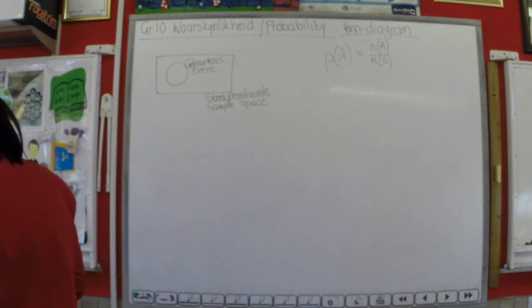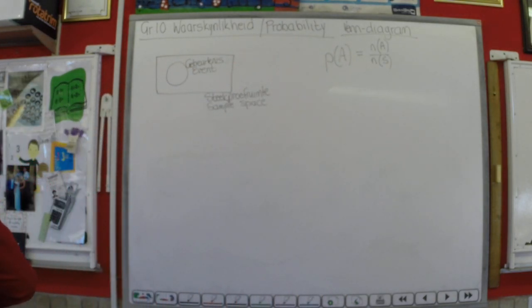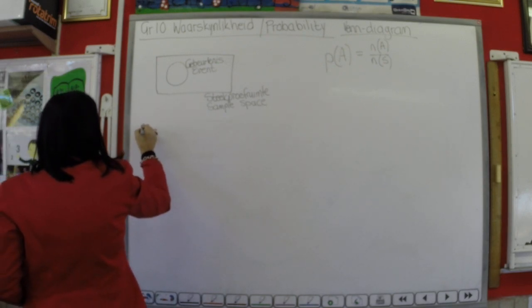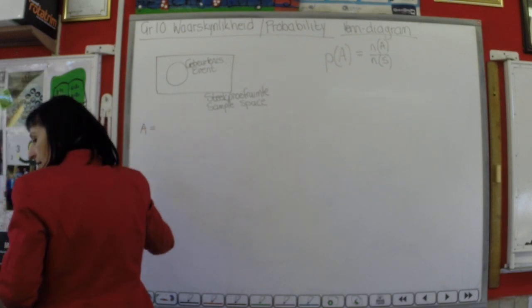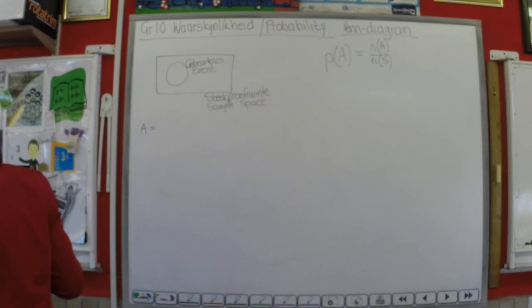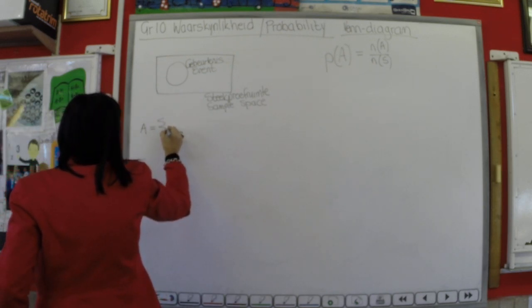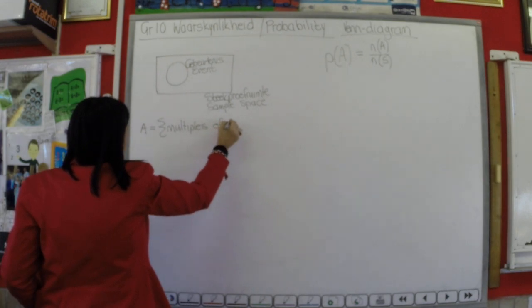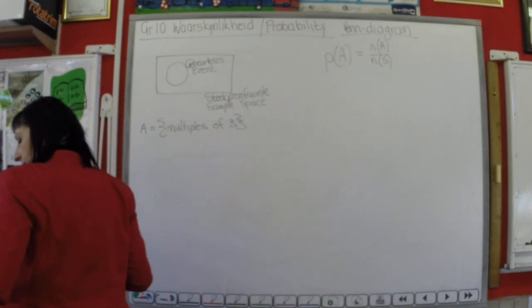Okay, and now I've got events. I've got event A, and A is all the multiples of 3. Die veelvoude van 3. Dis een gebeurtenis wat ek het.